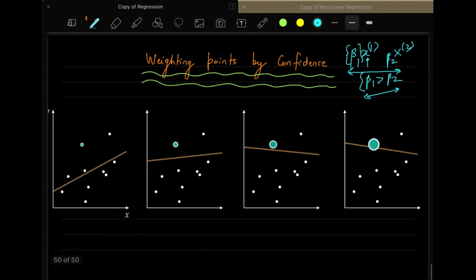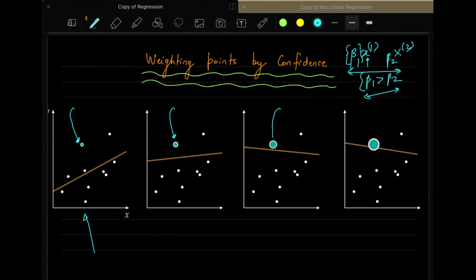So this shows you a simulation over here. What I have here is a data set. You can see this data set, and keep observing this point. As you try to increase the confidence of this point, the size of the data point will increase.